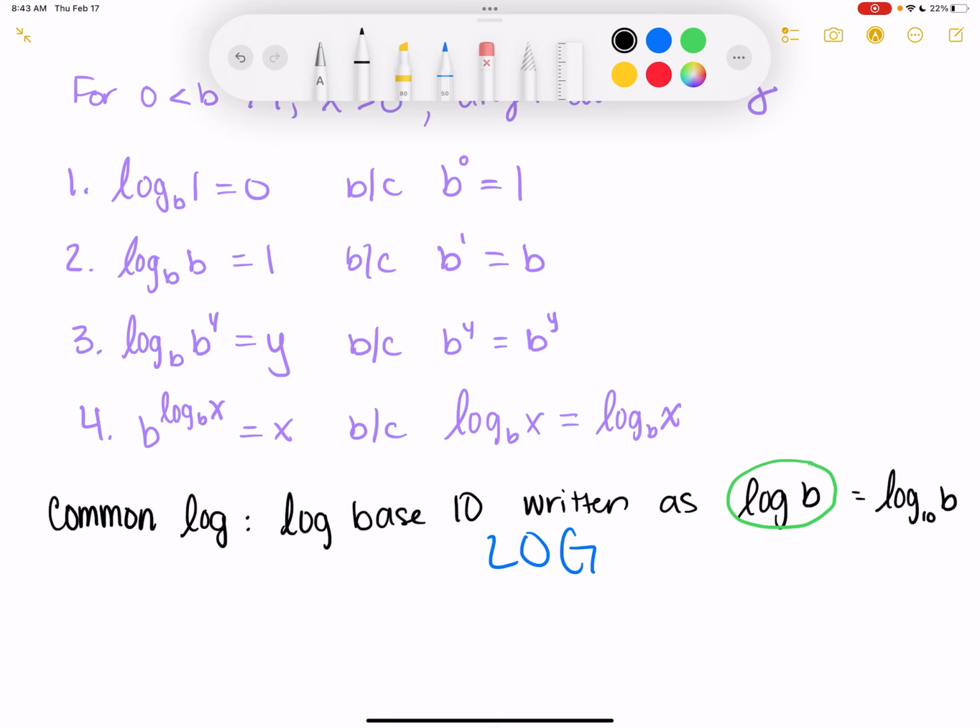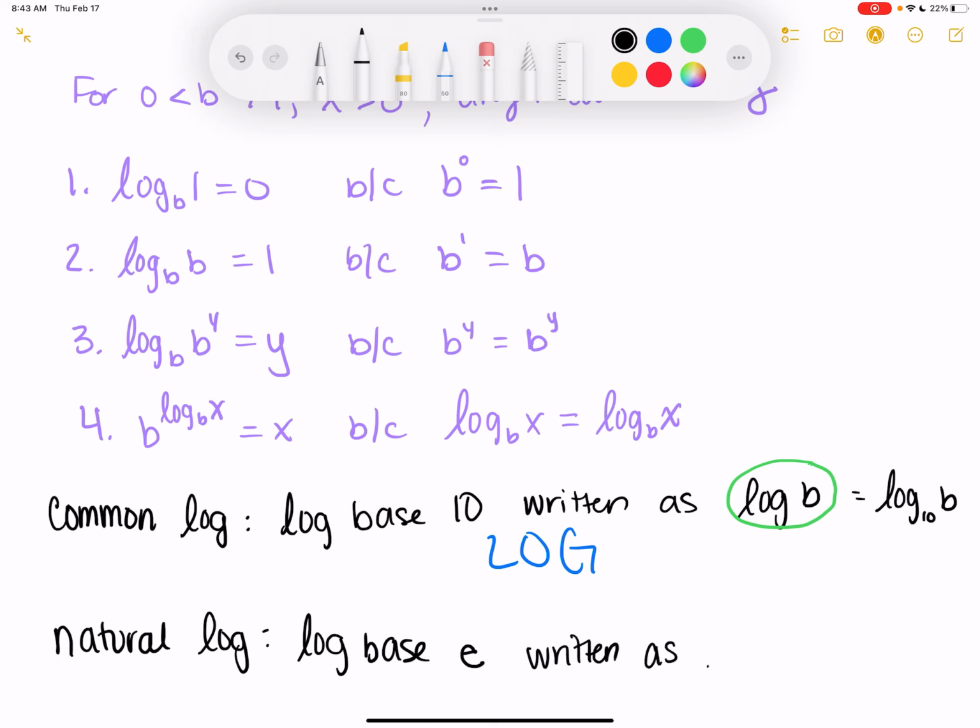Correct. Then a natural log is log base e, written as the ln of b, and that would be equivalent to the log base e of b.